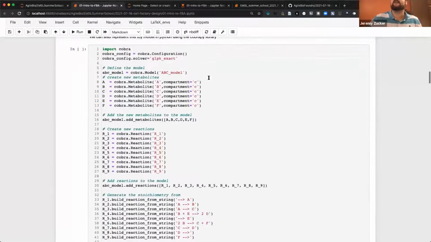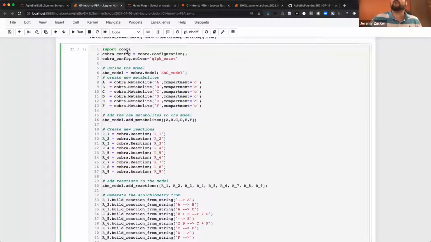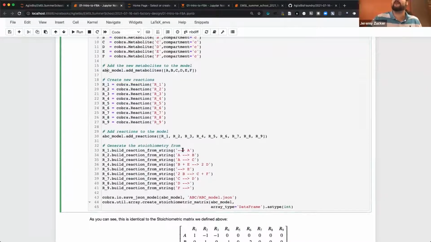It comes from a software package called Cobra, and you define a model, then you define all the metabolites, and then you add the metabolites to the model. Then you define all the reactions, and you add the reactions to the model, and then you define the stoichiometries, how the metabolites relate to the reactions.